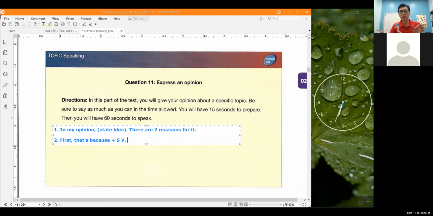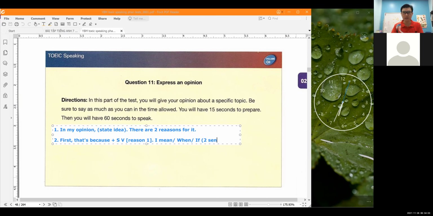What linking word do you use to explain the reason? Remember? What phrase or what word? If you want to explain, you can use I mean, you can use when, you can use if you want to say something different.